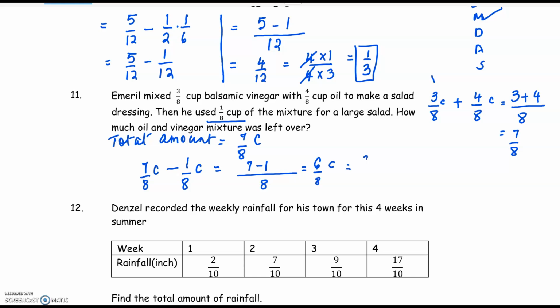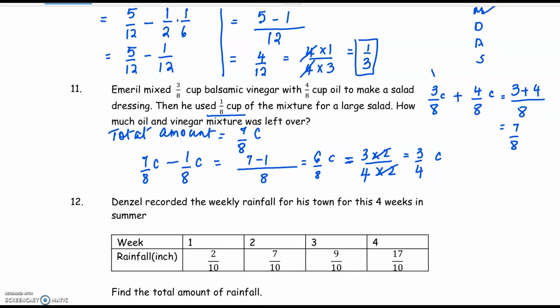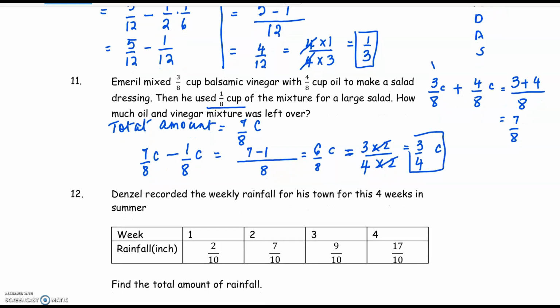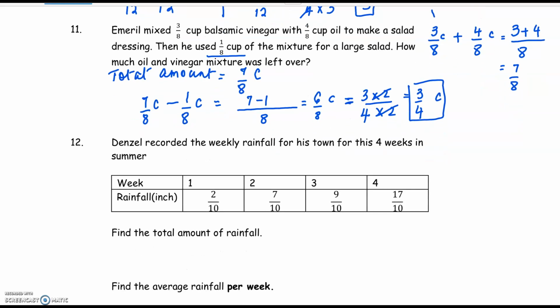We can reduce it further. And that's equal to 3/4 cup of mixture that is left over.